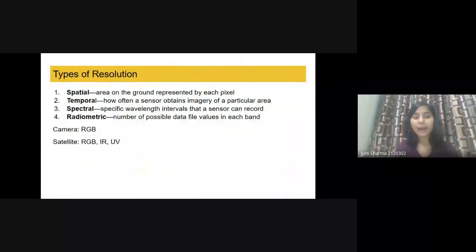Then the third is spectral. This is very important actually. For example, the land behaves differently with different types of radiation. Water behaves differently with different types of wavelength. For example, water has a different kind of absorption peak for different wavelengths.